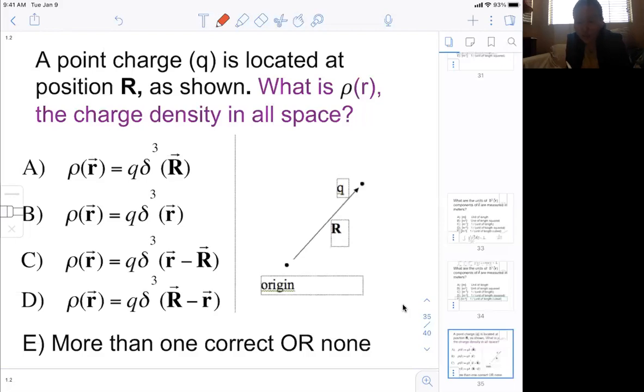So how do you represent the charge density if you're looking at a random point in space? We can describe the behavior in words. We have a non-zero charge density at the location of the charge, right? But wherever else you don't have the charge, you have a zero density because the charge is not there. So which one of these delta functions tells us that information?